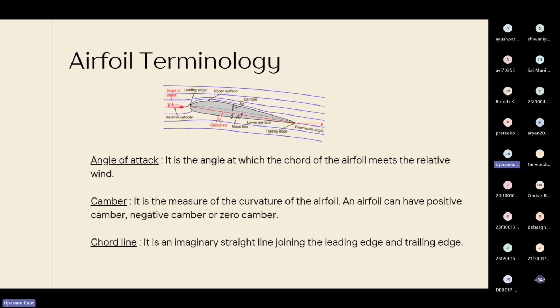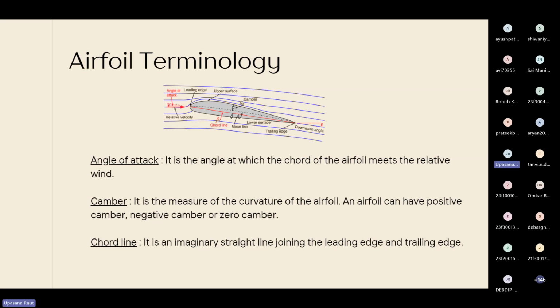When the airfoil passes through the air, it makes a certain angle with the incoming flow of the air. That certain angle is called angle of attack, and it also plays a crucial role in how much lift is generated. So what is lift? We'll get to know. Lift is basically the force which keeps the aircraft airborne.